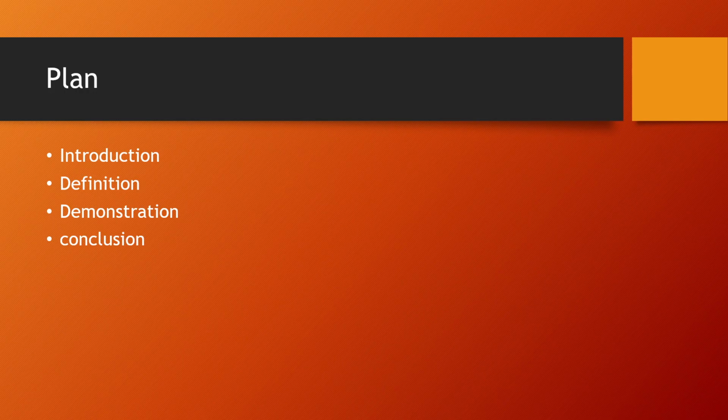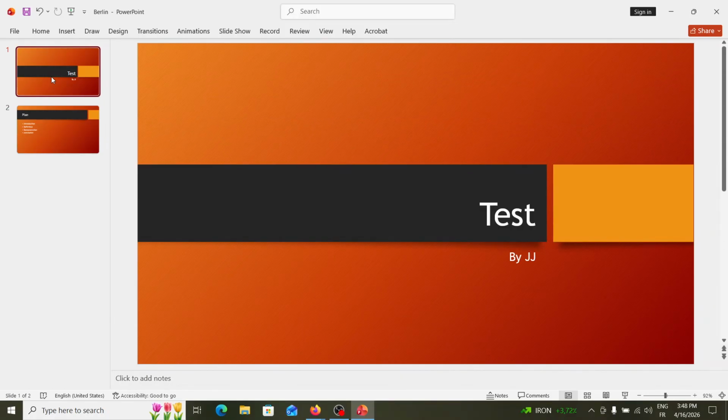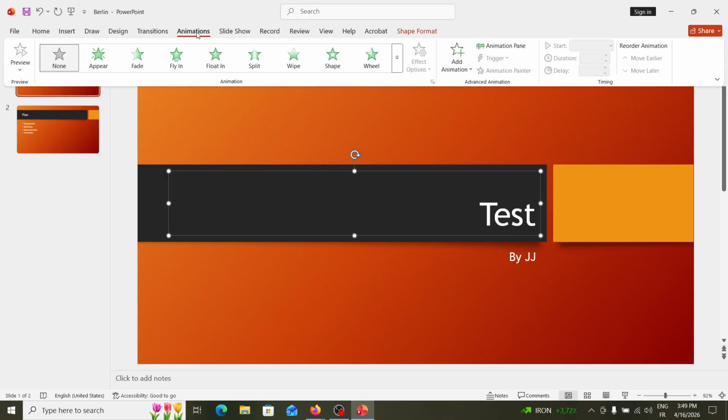But in order for us to better explain the process or to go along step by step in our presentation, we can use something unique to Microsoft PowerPoint, which is animation. Notice here it has its own tab.